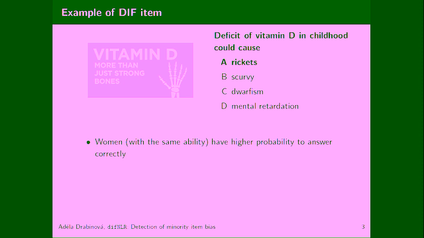In this item, women have a higher probability to answer it correctly when compared with the same ability. And it is up to a content expert to judge whether this item is fair or not. We can say only if it's DIF or not, but we cannot judge the fairness.